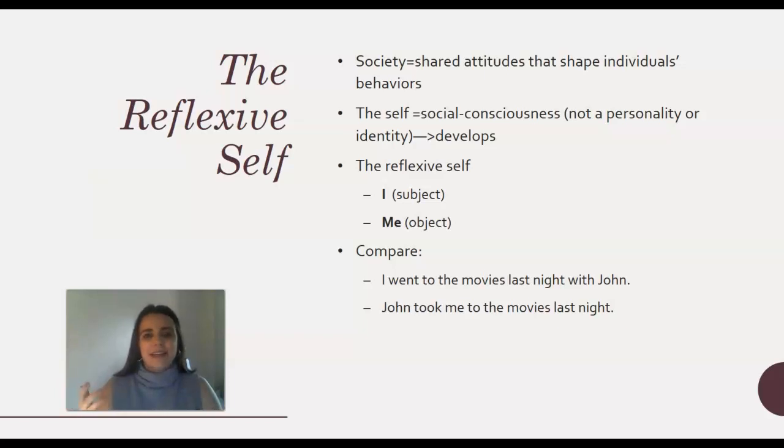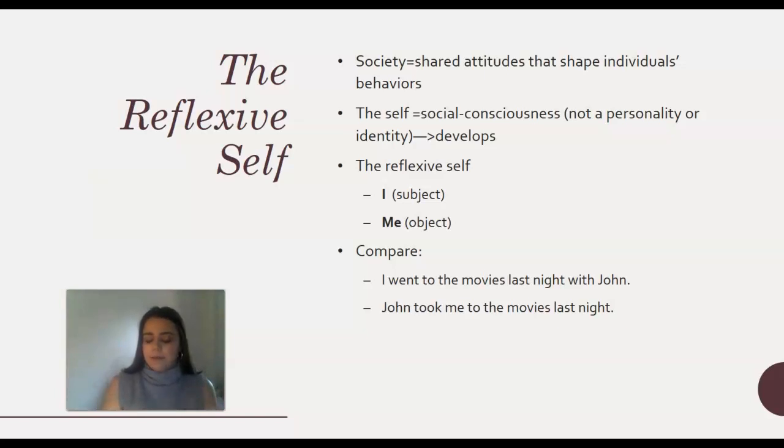So he thinks that having that sense of shared vision about society, same values, same norms, is what defines a society, okay? And he thinks that these attitudes are important because they go on to shape our behavior. So you have a group of individuals who share the same attitudes and then are behaving in similar ways because they all believe in these shared attitudes, okay?